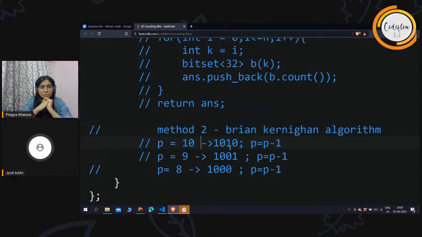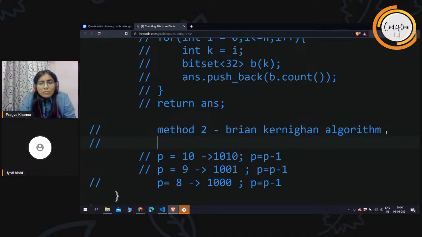For example, in 10, what is my rightmost bit? My rightmost bit is this one, the bit I'm currently processing, and every bit after that would be reversed. Currently it's 1, 1 would reverse to 0, and after 1 it will reverse to 1, right? I'm repeating it again.